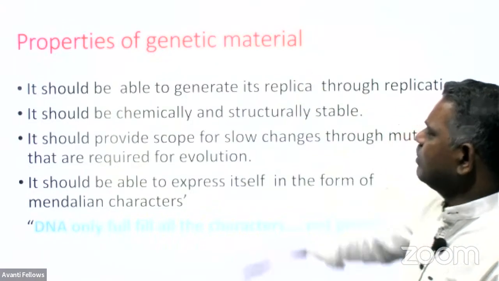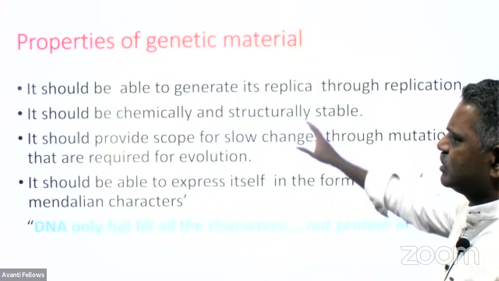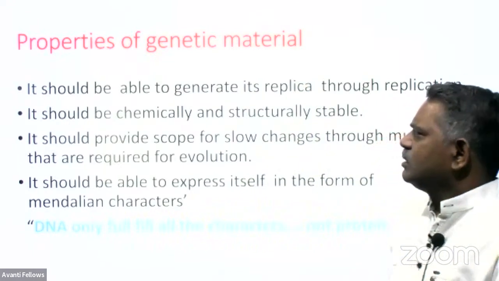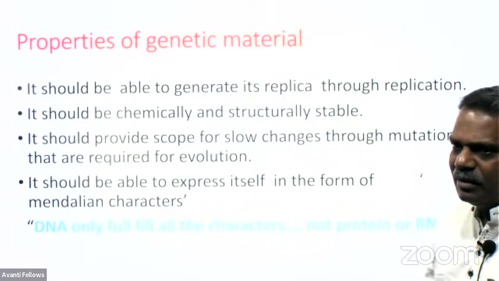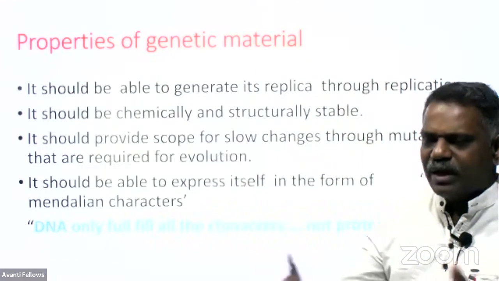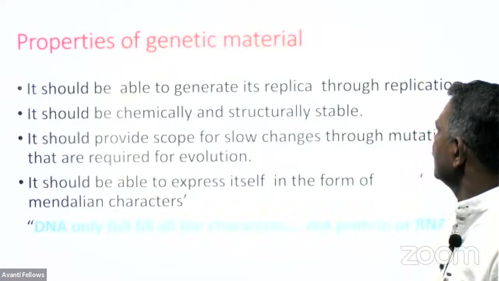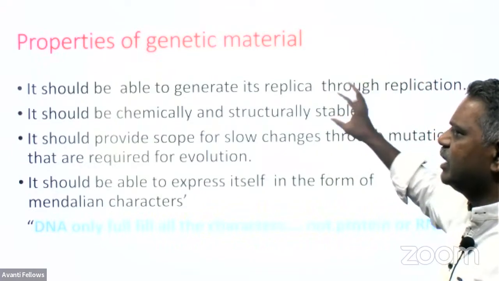Then come to the properties of genetic material. Already we discussed some of them. Genetic material should be able to generate its replica. Replica means making its copies without any change in the chemical nature. And this process is called what? Replication, DNA replication.